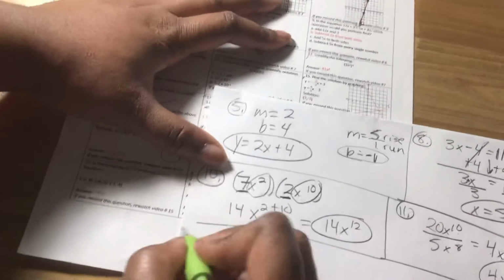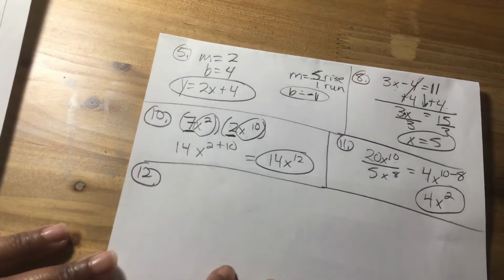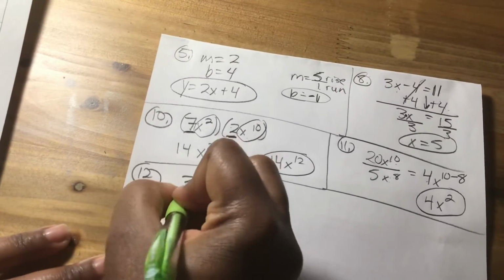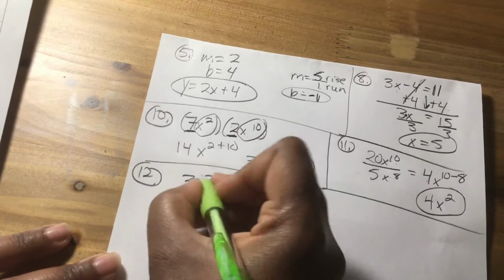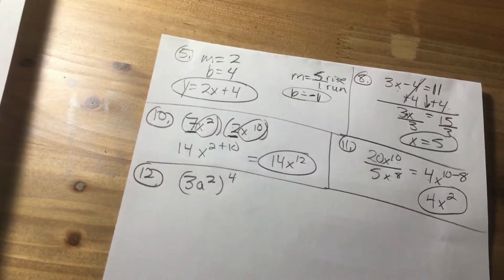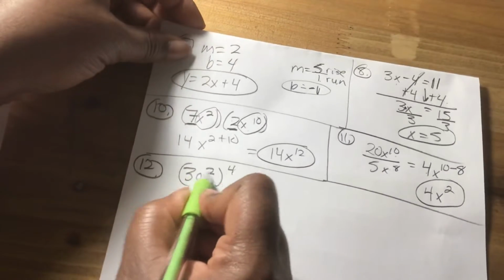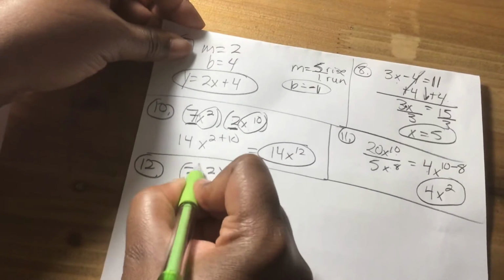Okay, number 12. Number 12 is 3a squared, and it's raised to the 4th power. This is a power to a power. So the first thing here, if you don't see any exponents on the numbers or the variable, it's automatically 1.